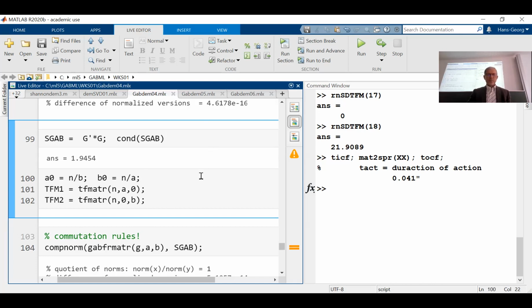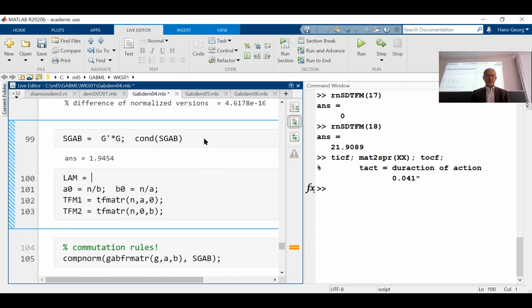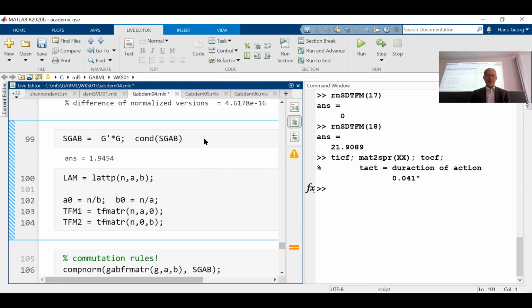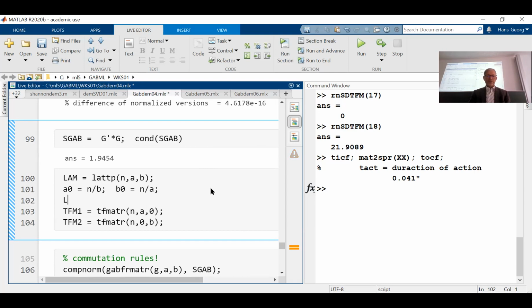Next I would like to give you an indication about the role of the adjoint lattice. The lattice that we are using has lattice points a and b, and the adjoint lattice, which will play a significant role, is the lattice with n over b, n over a, which I will call A0, B0 now.